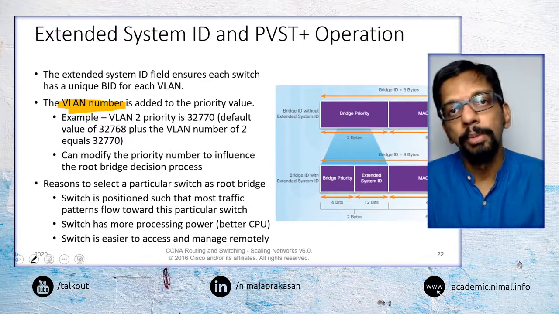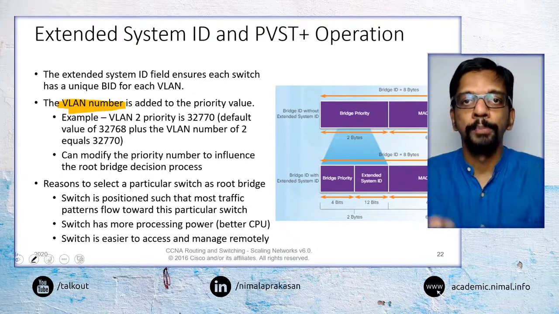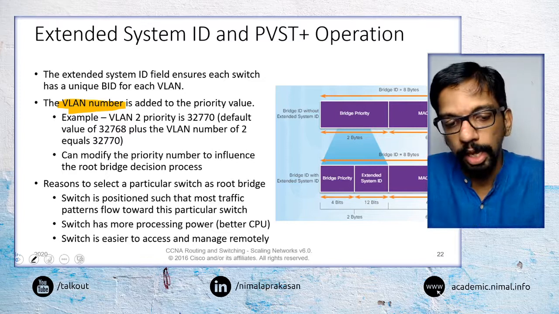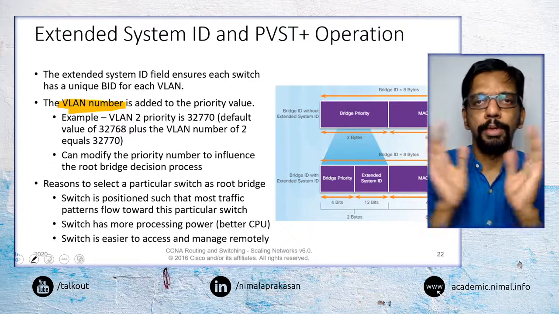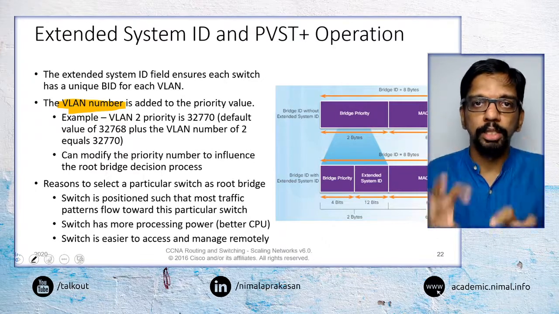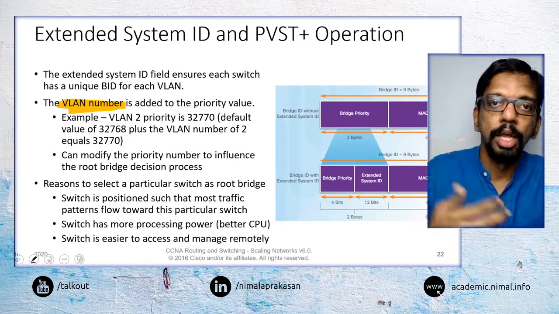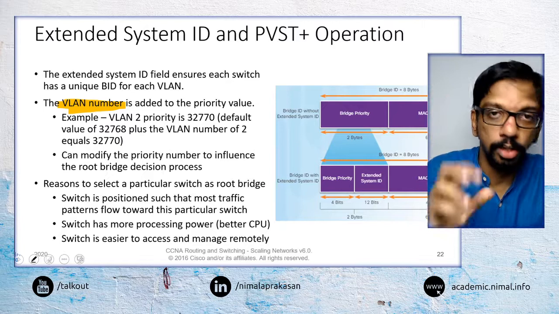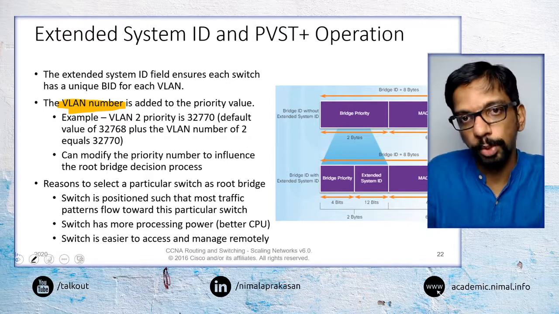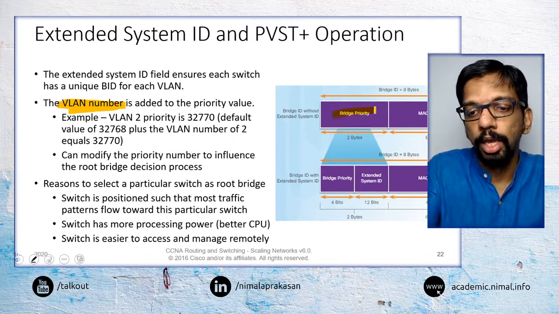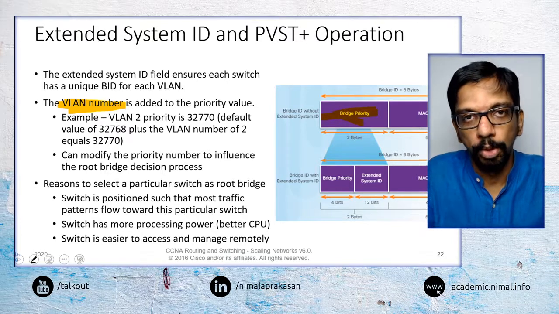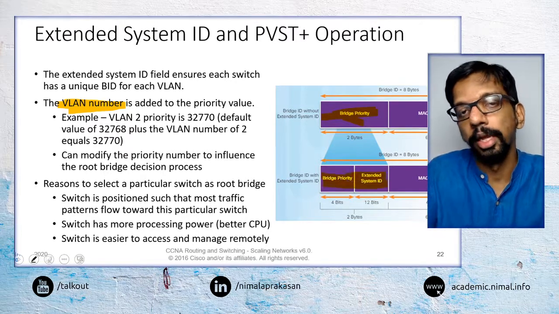So again, they may be able to handle more traffic, with more processing happening in them. So for a number of reasons, we may want to select some of the switches as roots and some not as roots. They will elect the other ones as roots, by the way we specify the priorities and the extended system IDs and so on.